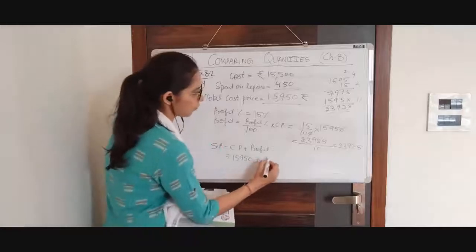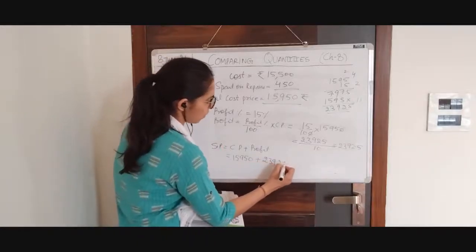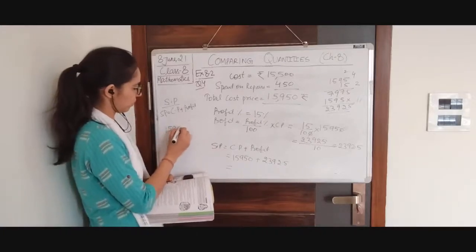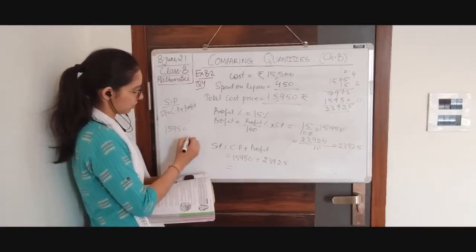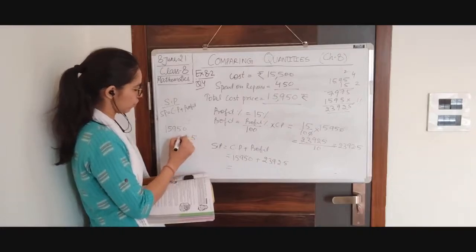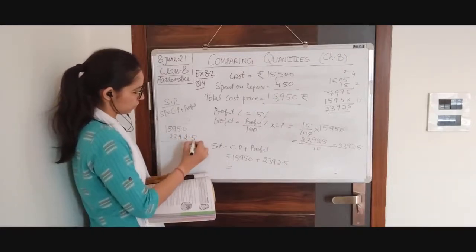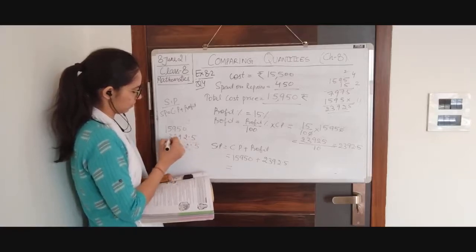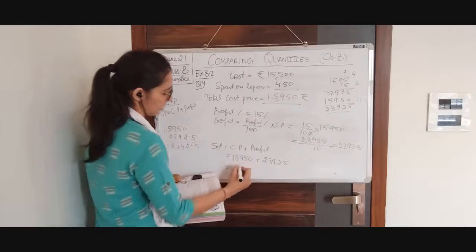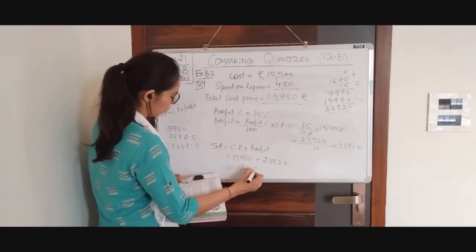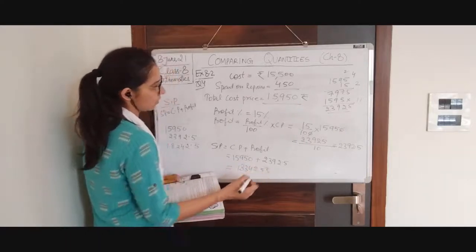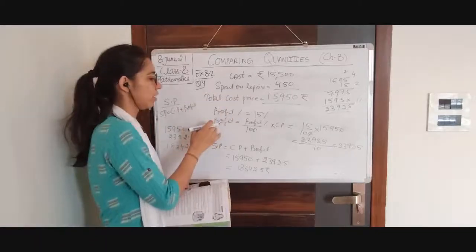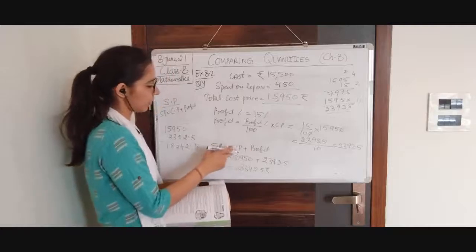We will add this profit to cost price to get selling price. So your selling price will be 18,342.5 rupees. You found out total cost price, then we found out profit, added that amount to cost price to get selling price.